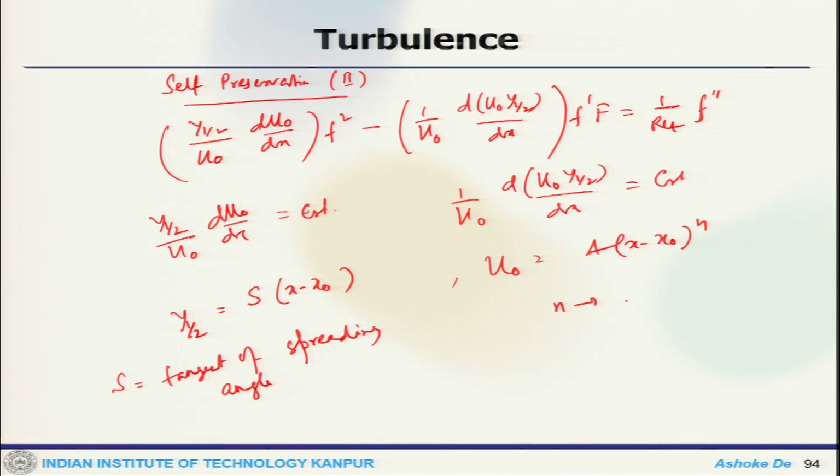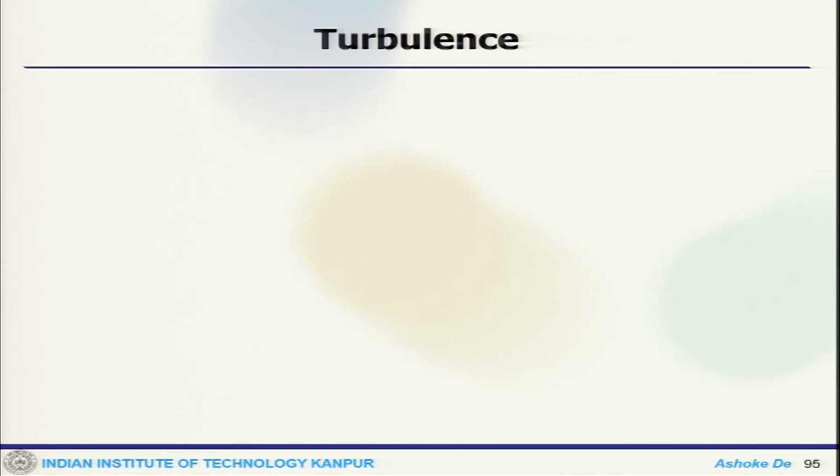So, we need an extra equation for that. Now, we will get the extra equation for u naught from the integral equation for the x momentum equation.